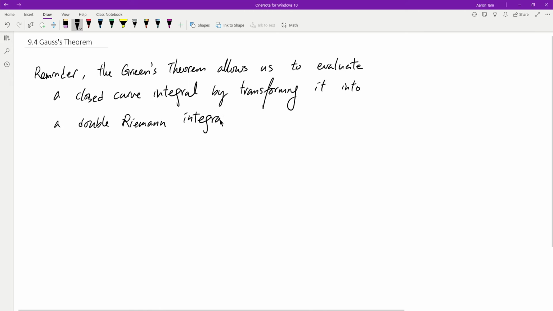Now, why is that so important? Because of the following. So the double Riemann integral is over the region enclosed by the closed curve. Or maybe I should say bounded by the closed curve.